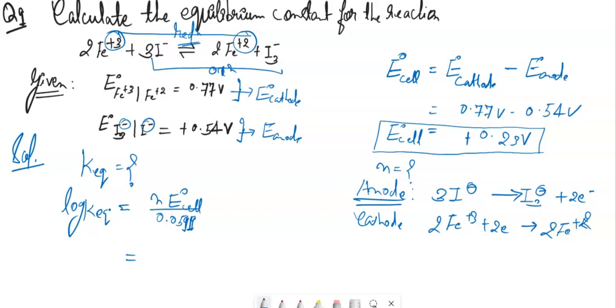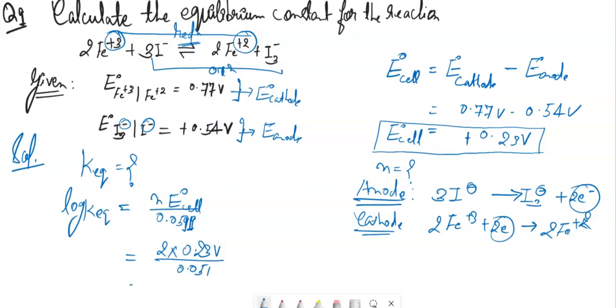These are the two reactions at anode and cathode. You can see that there is an exchange of two electrons in this overall cell reaction. So the value of n is 2, and the E naught cell is 0.23 volt upon 0.0591.